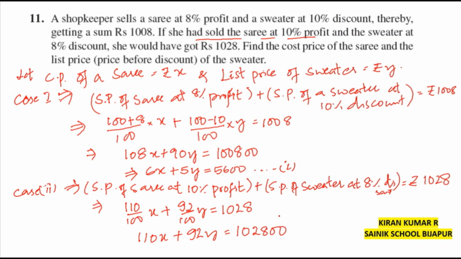I have cross multiplied by 100. Now if you divide both left hand side and right hand side by 2, this equation will be reduced to 55x plus 46y equal to 51400. Let me call this equation 2. Now these two equations I need to simplify.